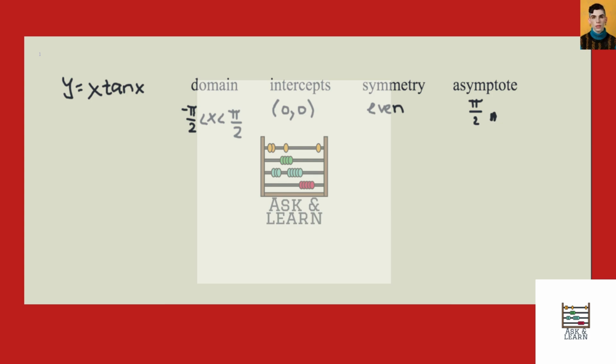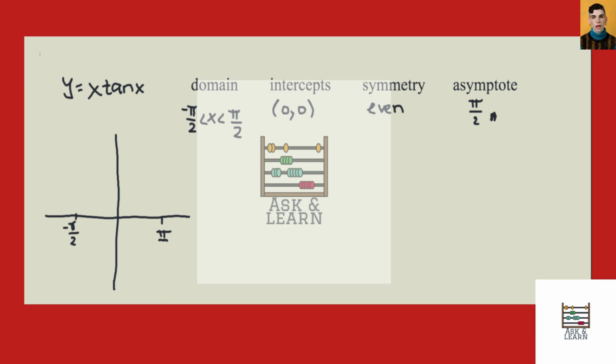All right, so I'm going to start the graph. So let's say this is negative pi over 2. And this is pi over 2. And remember that pi over 2 is the asymptote that comes along with the tangent graph.